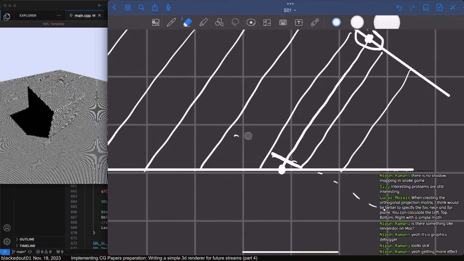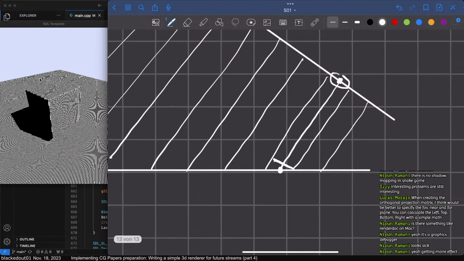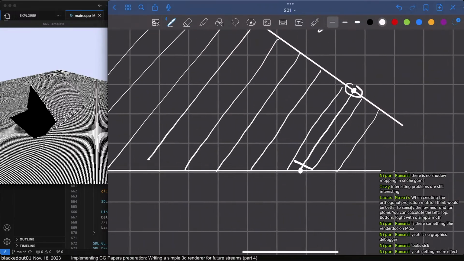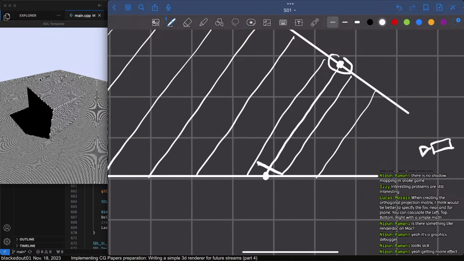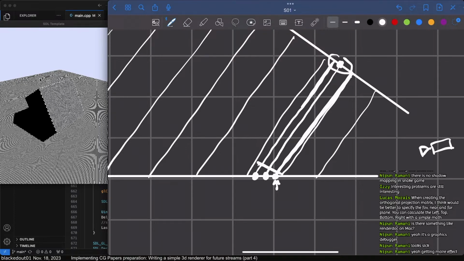So what is happening now, if we render the scene from another point of view, so for example, if we render the scene from this point of view, we would see that this depth value at this point here is actually shorter, so it has a smaller depth, and this pixel here has actually a larger depth.